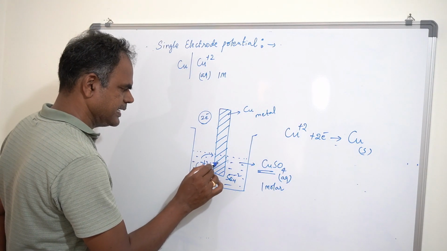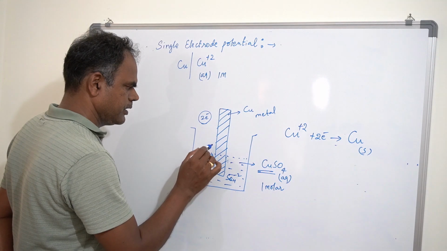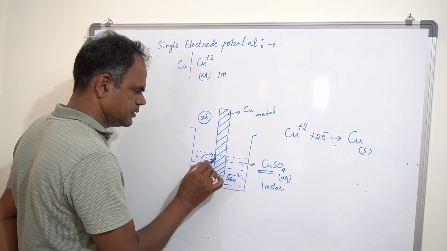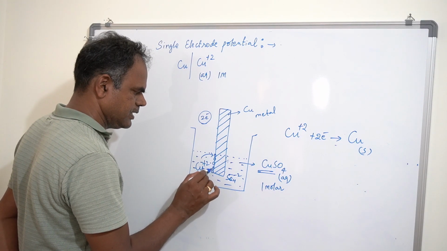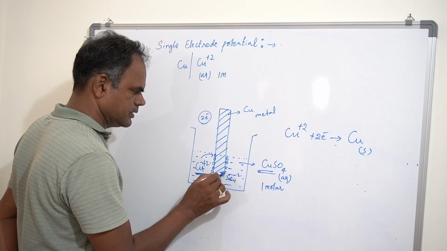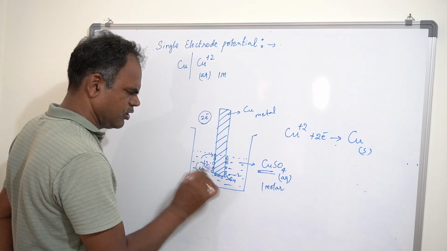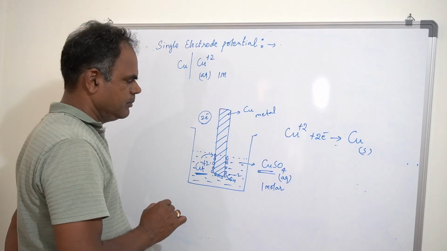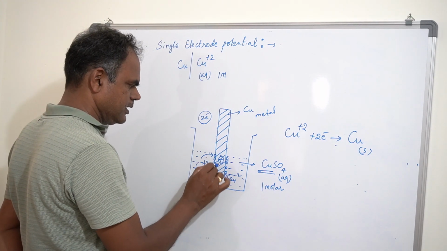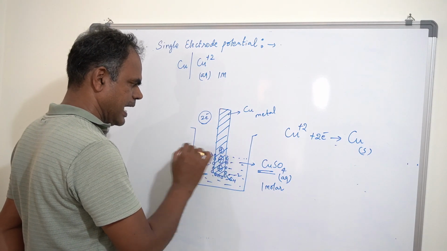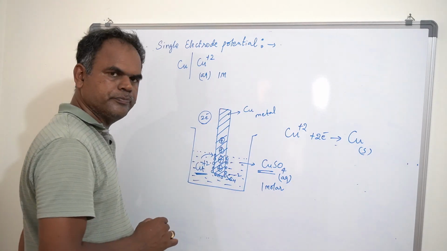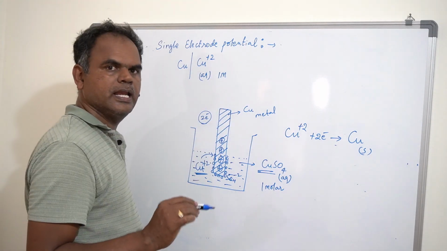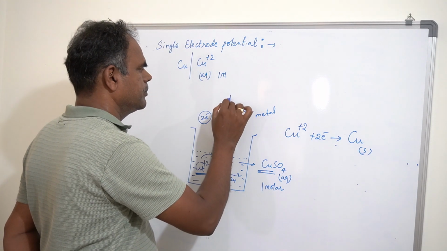When the cupric ions get reduced, copper atoms are deposited on the surface of the electrode, but inside the copper metal, copper atoms lose electrons. As a result of this, the copper metal gains positive charge.